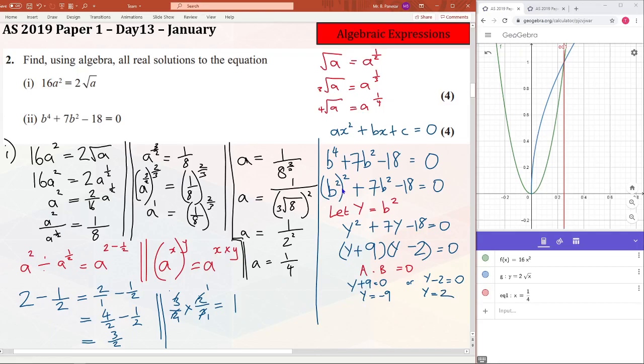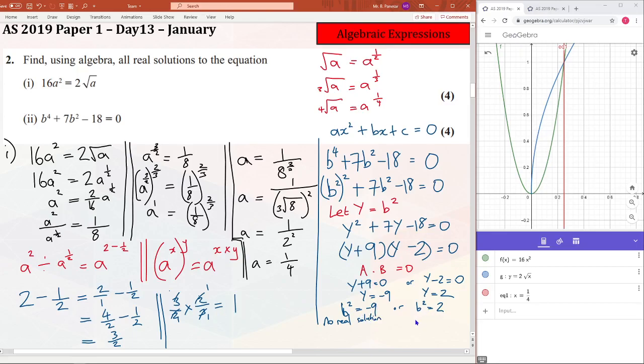And as you have seen here, I let y equal b squared, so let's put b squared back in. So b squared is equal to minus 9, or b squared is equal to 2. If I square root a negative, you don't have a real solution. So I don't need to worry about this. You can just say that there's no real solutions, because I'm going to be ending up with the square root of a negative number.